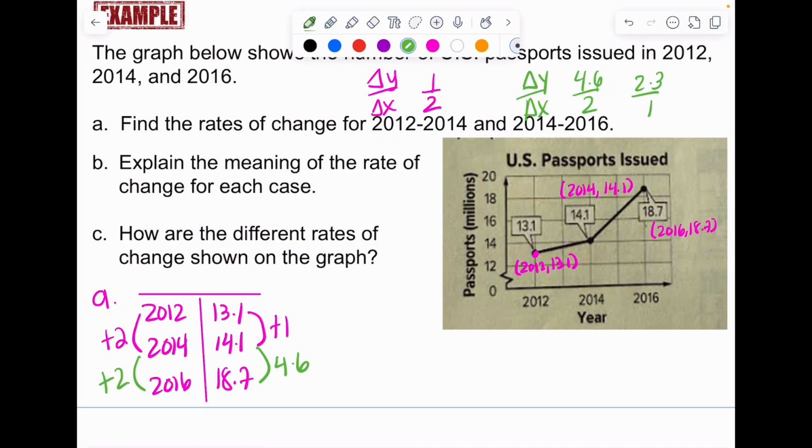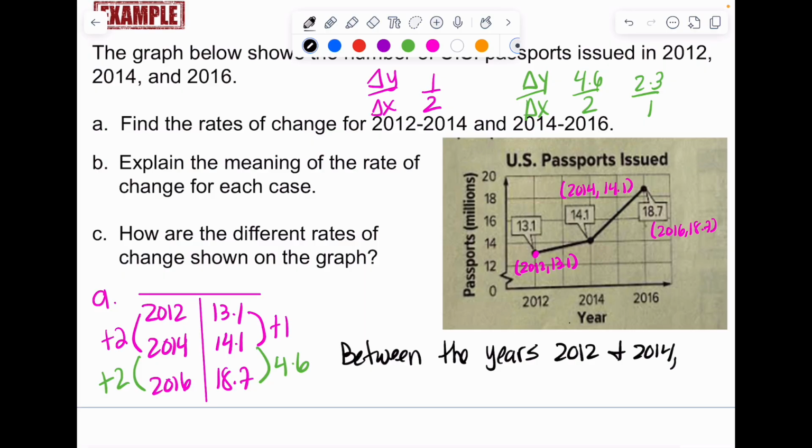So what does that mean? I'm going to write out some sentences here. You can abbreviate as you need to, but basically between the years 2012 and 2014, when you're trying to explain, let's use the labels they gave you.